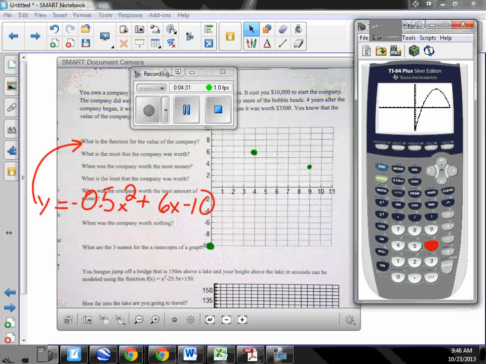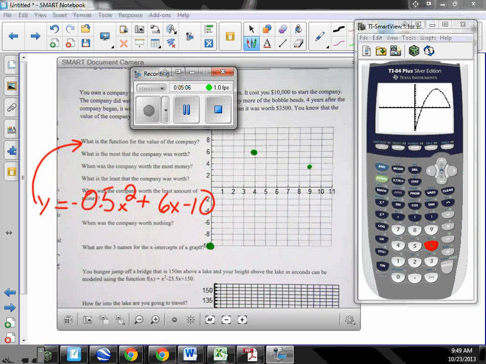So we put ours in as -10, 6, and 3.5. You didn't store it though. So do it again and store it. Go variables, y variables, y1. Okay, everybody else okay? Everybody calculate that equation. You need some help? Okay.